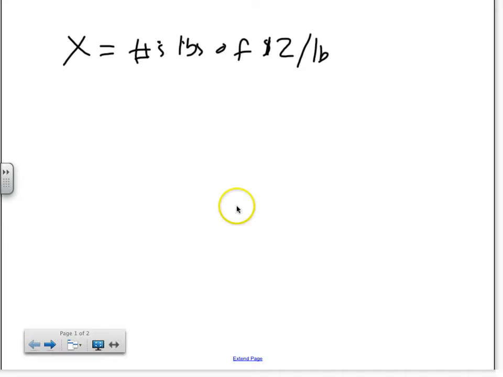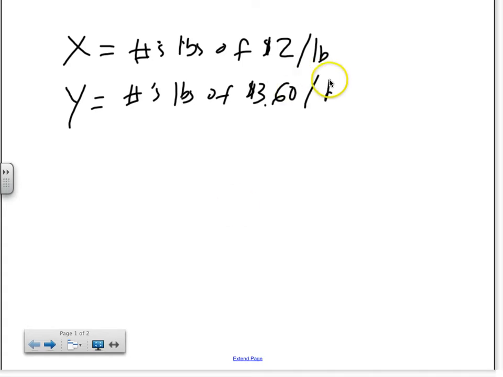Notice I'm declaring very specifically what X represents. You don't start by writing X and Y without telling me what X and Y are. Is that clear? Or A and B or C and D, whatever. In this case, I'm going to use Y for the number of pounds of the $3.60 per pound candy.